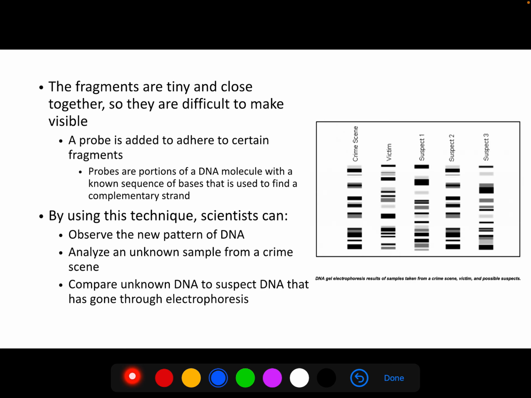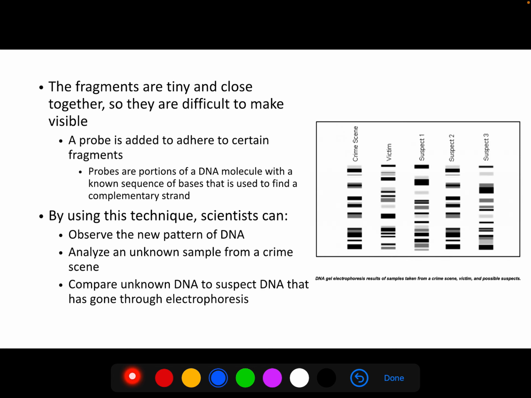And notice we have our crime scene DNA, and then we have DNA from our victim and 3 suspects. We're going to be looking for matching markers, matching bars. So if you're looking at this, crime scene starts off with a lighter gray bar. That matches up with suspect 2, which also has that same lighter gray bar.